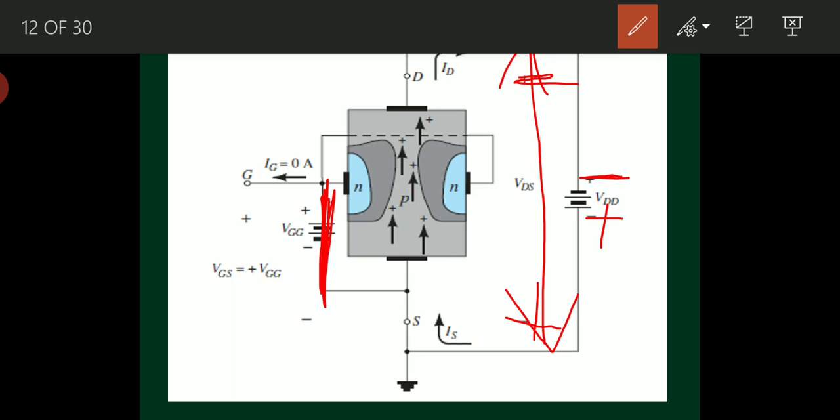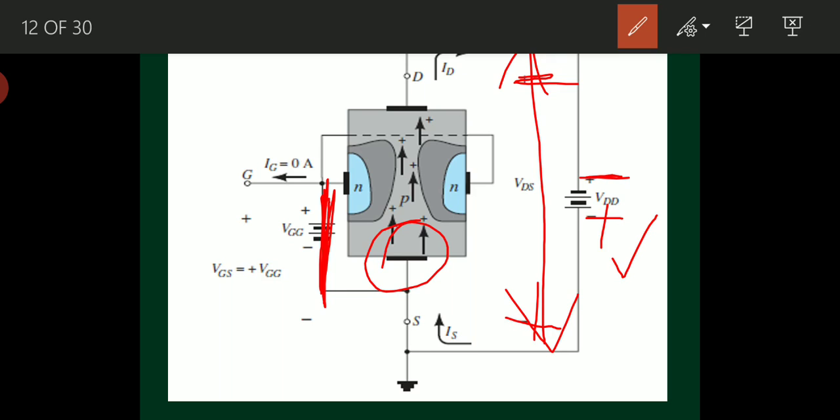Okay, so the positive terminal of VDD is connected to the source, and the negative terminal of VDD is connected to the drain terminal of the JFET. Then what will happen? The source terminal gets forward biased and the drain terminal gets reverse biased. Why? Because at the source, the substrate is P-type semiconductor and I am applying a positive voltage.